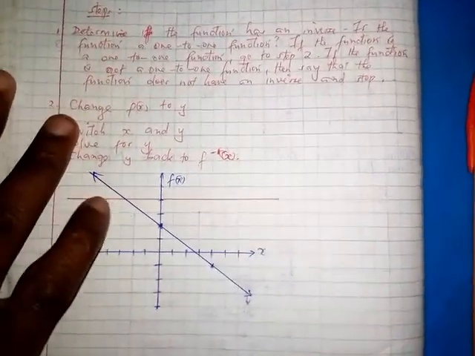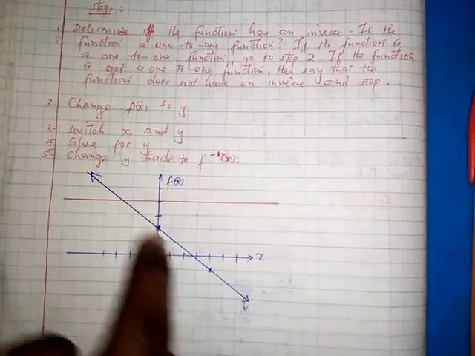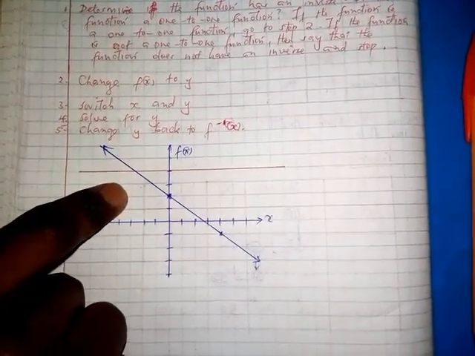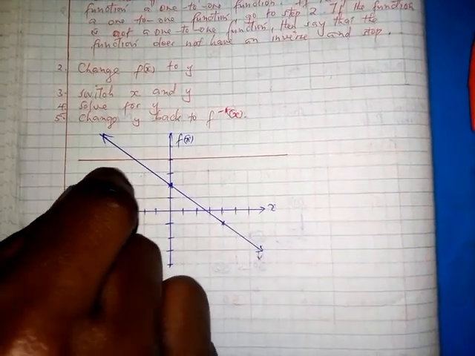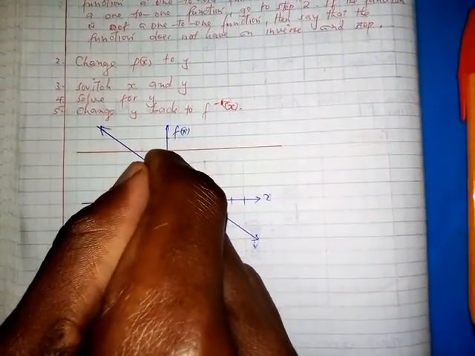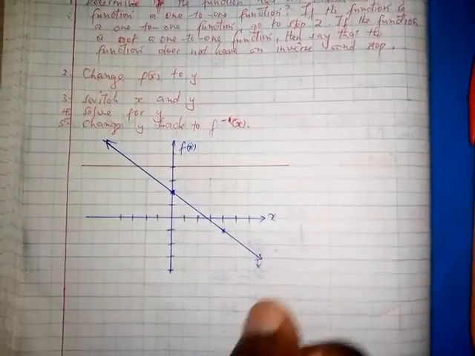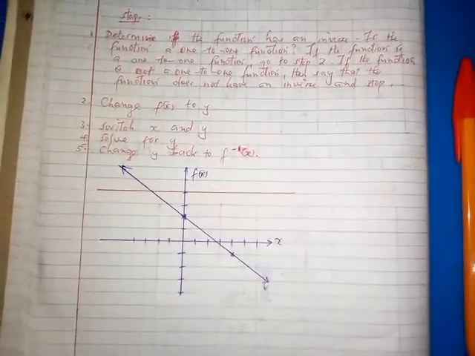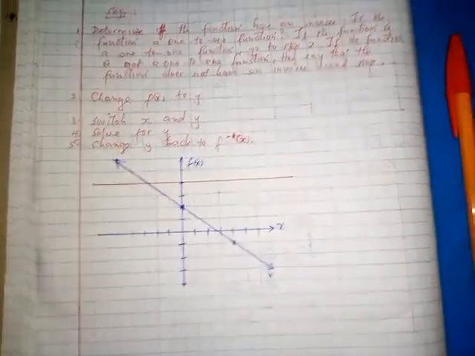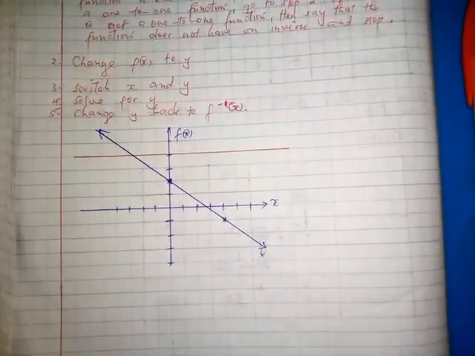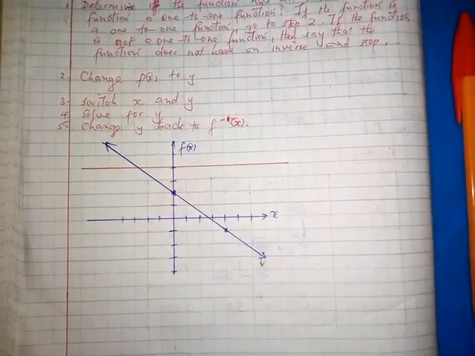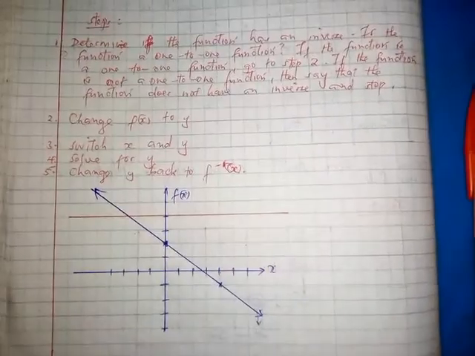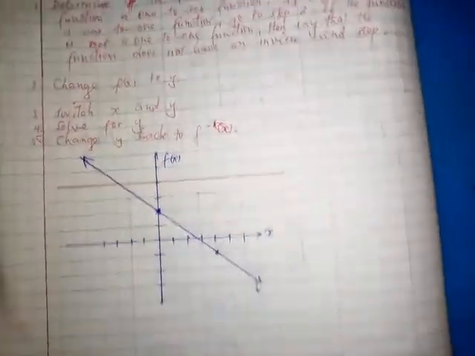But since it has crossed once, even if we extend this line, it will remain crossing once. So it has passed the horizontal line test, and therefore our function f(x) is a one-to-one function, and therefore it has an inverse. So we are done with the first step.